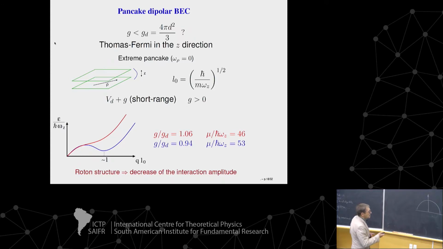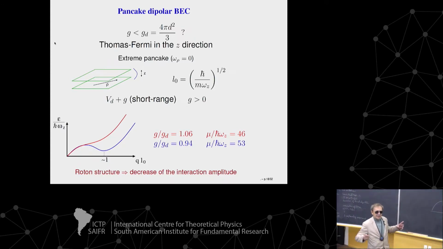Again, in the uniform three-dimensional case under these conditions, the dipolar Bose-Einstein condensate would be unstable, but people considered here an extreme pancake, which means that there is confinement in the z direction and in the perpendicular directions the motion is free.